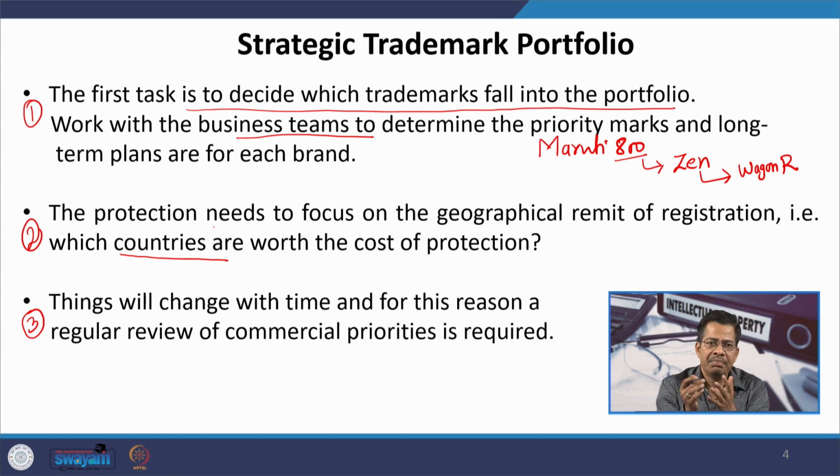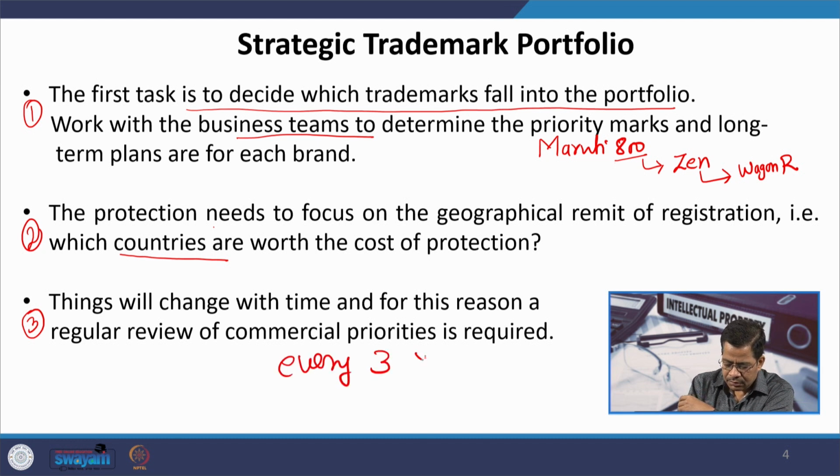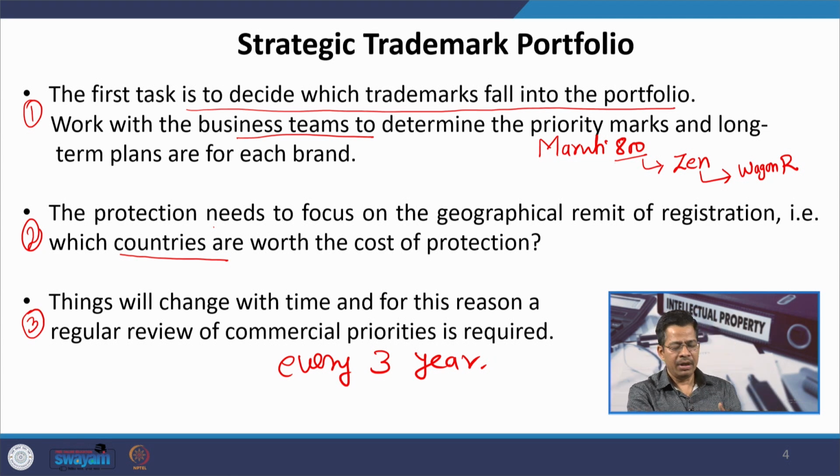As a rule of thumb, people say that every 3 years we should review our portfolio and see which trademarks are more important, where our strategic interest lies for the next few years, and which are less important. Accordingly, we need regular monitoring, which we have already discussed in one of our videos, that regular monitoring of our IP portfolio is very, very important.